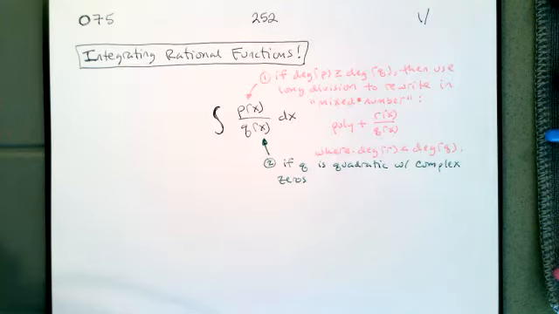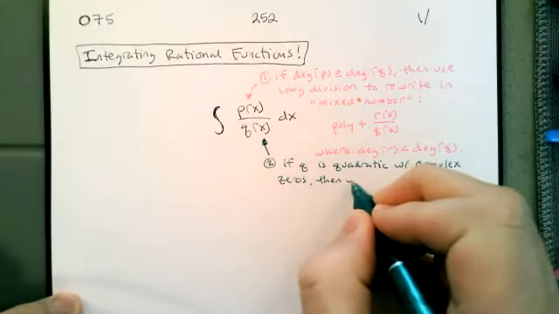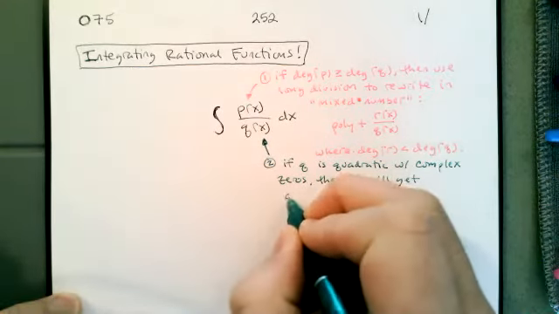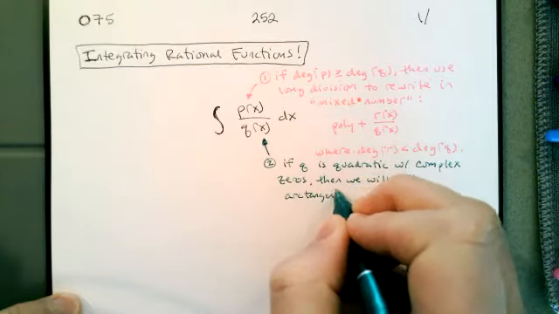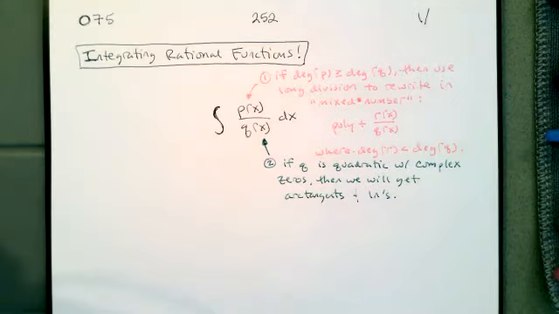If q is quadratic with complex zeros, then we're going to have arctangents and natural logs. So these are two of those cases. Arctangents from the constants over the q of x, natural logs from the linear over the q of x.